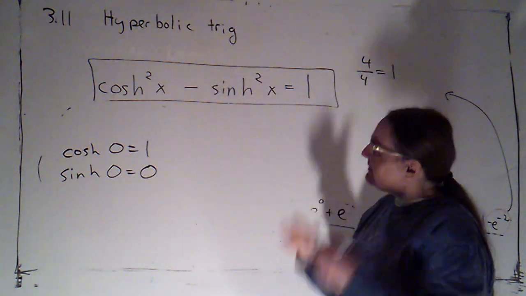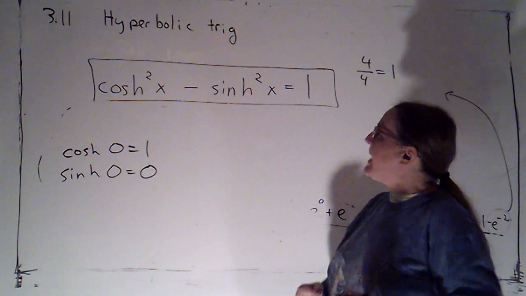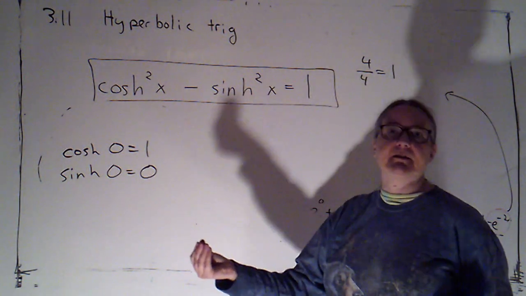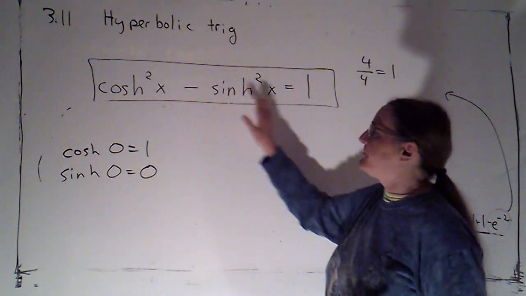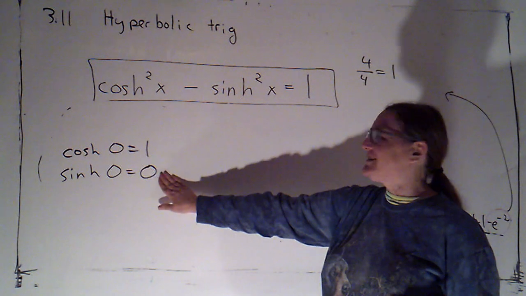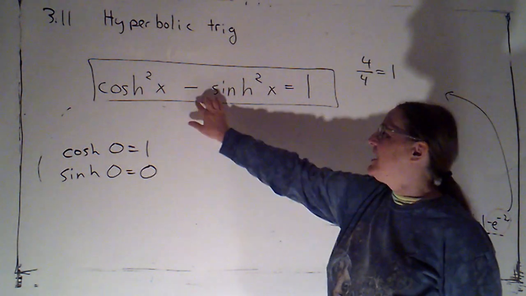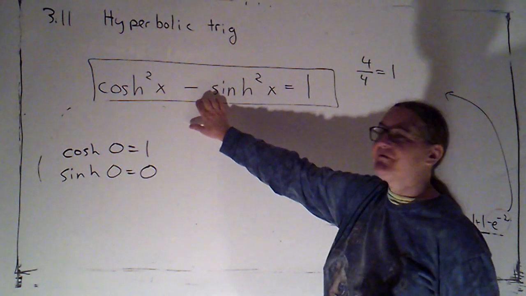I can remember that, oh yeah, this is kind of like regular trig. I'm looking at the two main functions squared, but this time I'm looking at their difference instead of their sum. But to remember which one I'm subtracting from which, remembering that cosh is positive at 0, but sinh is 0 at 0, allows me to remember that it's cosh squared minus sinh squared instead of the other way round.